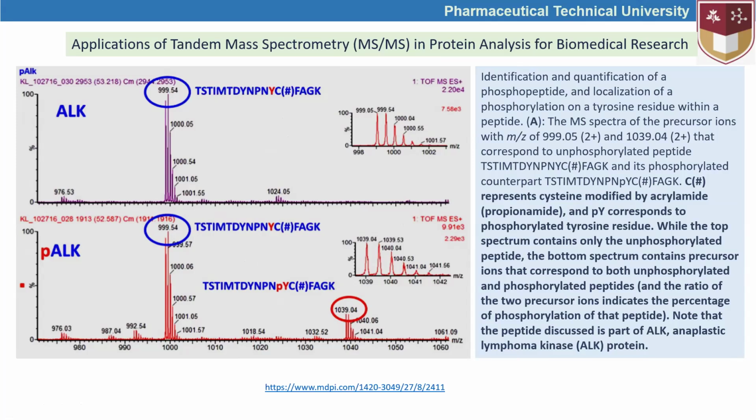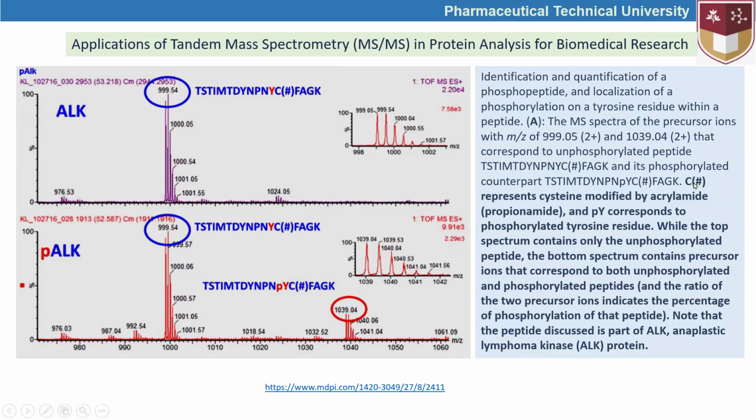So by using mass spectral analysis, it is even possible to identify the location of phosphorylation in different proteins, and this kind of results make us know about the locations of phosphorylations and understand the biological processes deeper.